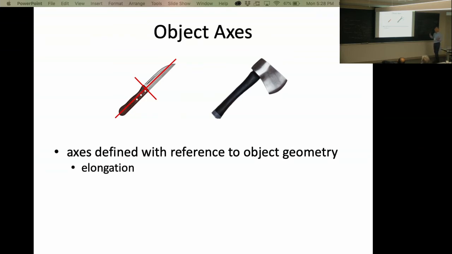And even if we think elongation may be important, there are various different ways we could conceivably construe elongation. The object has an elongated handle, so one thing we could say is, well, because of that handle being elongated, this would be the principal axis for this hatchet.